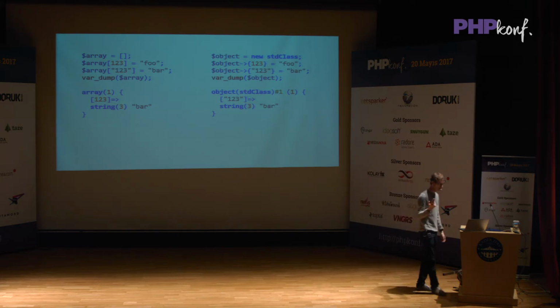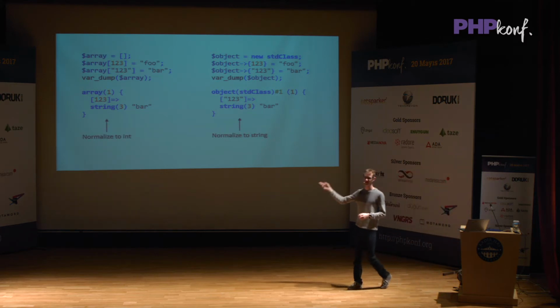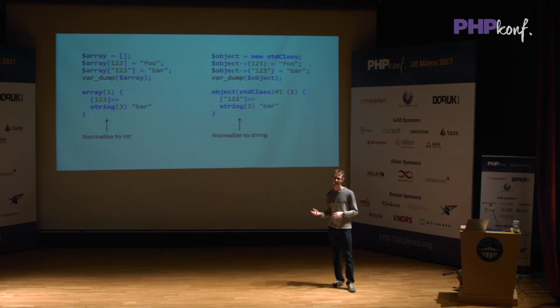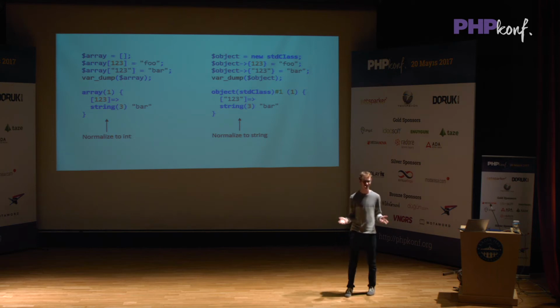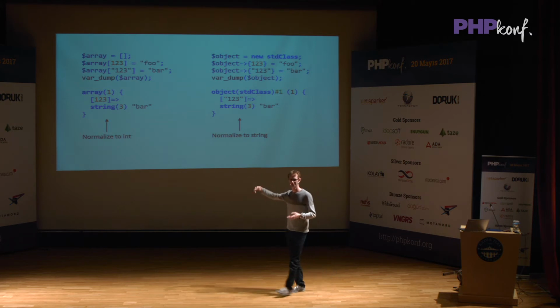The thing is that PHP does both. So for arrays, it normalizes the keys to integers, and for objects, it normalizes them to strings. And this is not really just a weird design choice by PHP. There is a reason behind it, because for arrays, integer keys are extremely common.